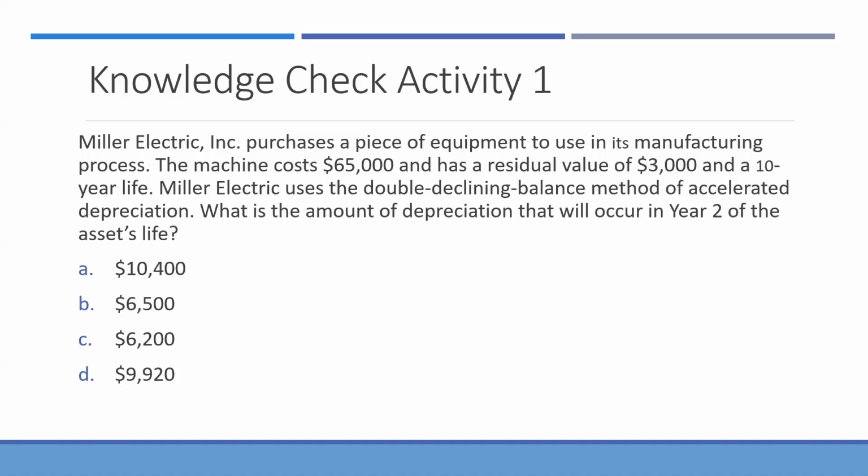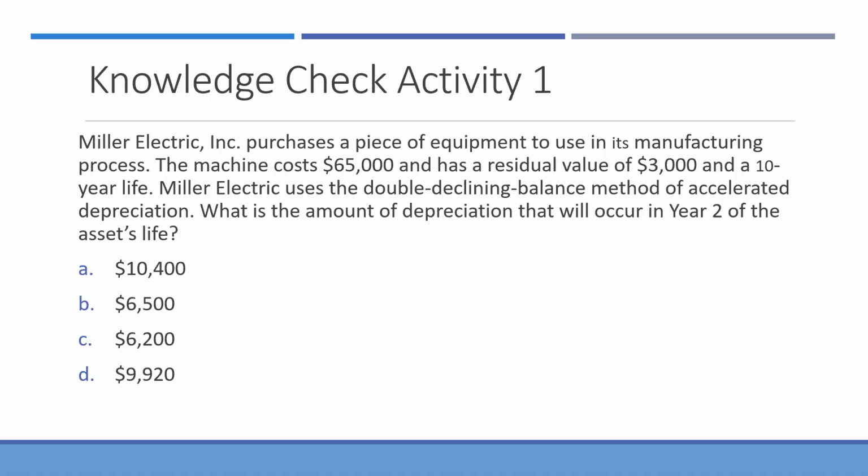So we have 65,000, this is the double declining balance method. So we take 100 divided by 10 years, and we get 10%. And we multiply 10% times 2.